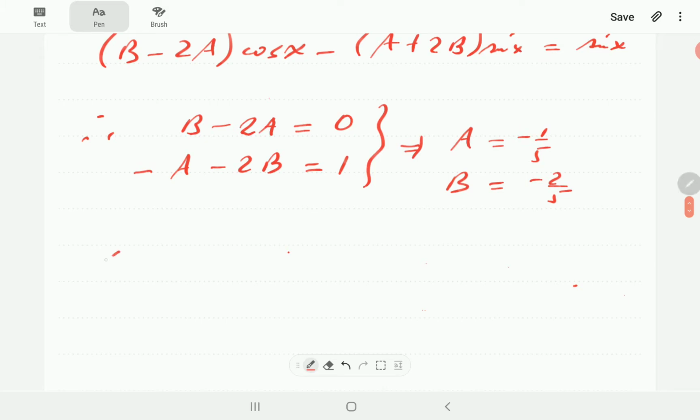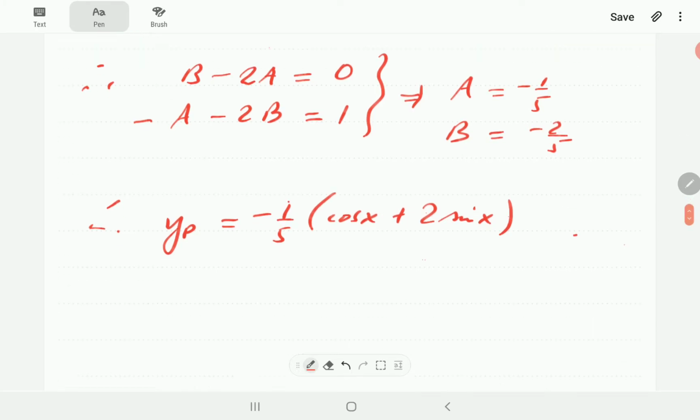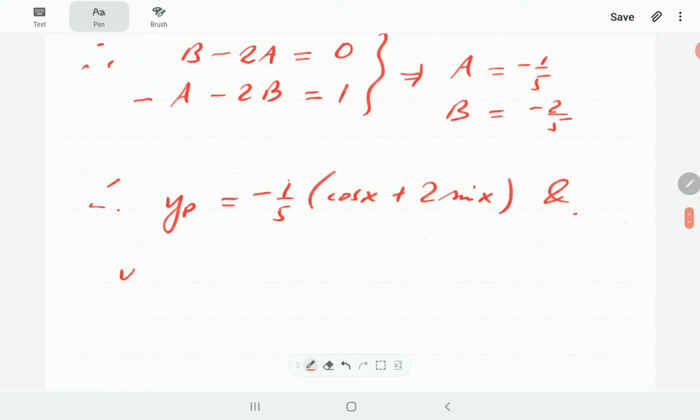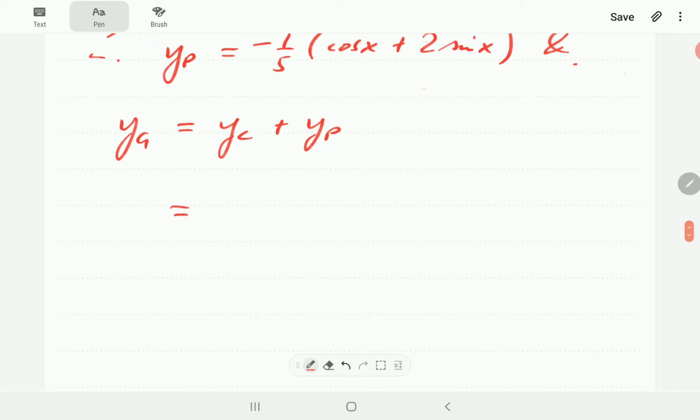Right, so that means our yp is going to be equal to negative 1 over 5 cosine x plus 2 sine x, and the general solution, which is yc plus yp, is going to be k1 e to the 2x minus 1 on 5 cosine x plus 2 sine x.